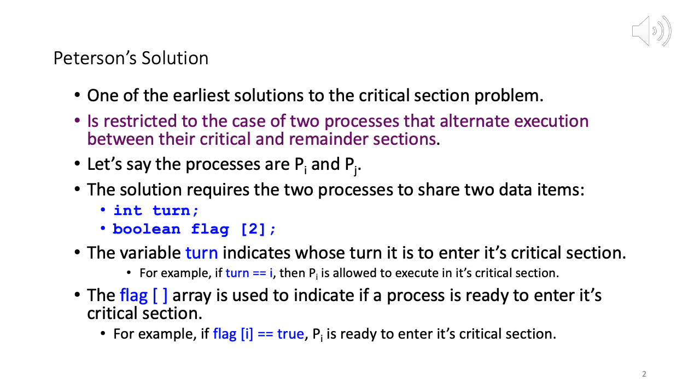Here we're just ensuring that modification of the shared variables is sequential, only one process at a time. So in the case of the producer, if the producer is in its critical section, the consumer has to wait. The producer will do count plus plus, and then it finishes, and then the consumer can enter and do count minus minus. Or if the consumer is in its critical section, the producer has to wait.